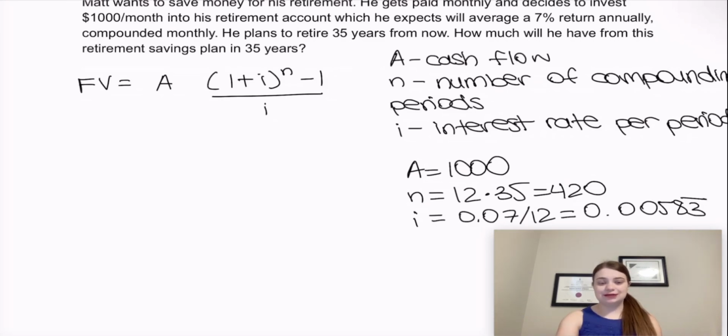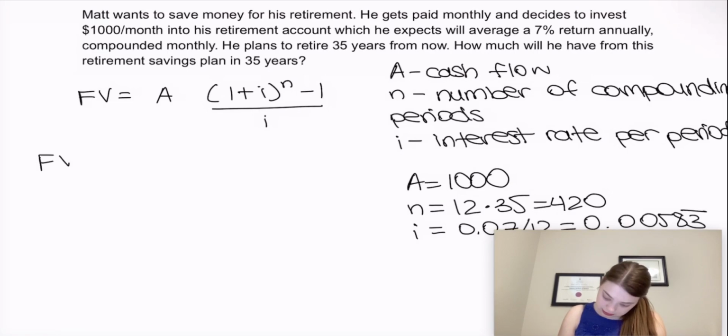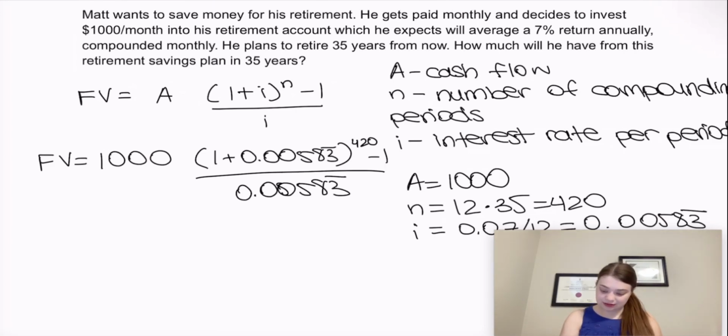Now all we need to do is put this into the equation, and we can figure out how much money Matt is going to have. So the future value is equal to 1,000 times (1 plus 0.00583 repeating) to the power of 420, minus 1, all over 0.00583 repeating. Let's see what that is.